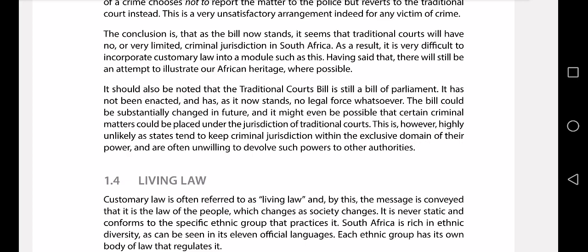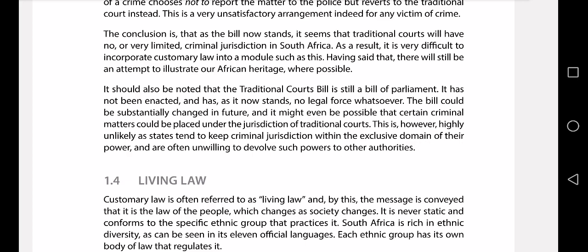It should also be noted that the Traditional Courts Bill is still a bill of parliament. It has not been enacted and has, as it now stands, no legal force whatsoever. The bill could be substantially changed in future, and it might even be possible that certain criminal matters could be placed under the jurisdiction of traditional courts.